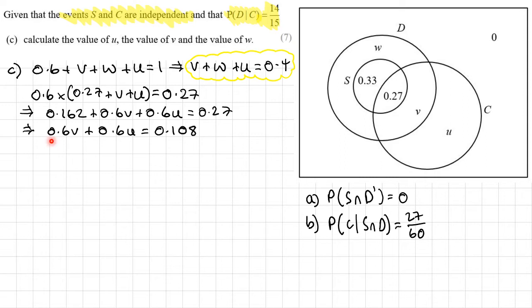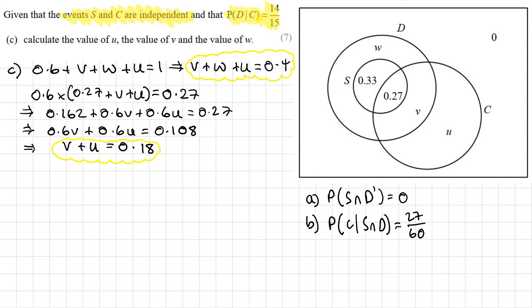And to tidy it up even more, I can divide both sides by 0.6, and that will give me V plus U is equal to 0.18. So that's quite nice, that one. So there's our next one.